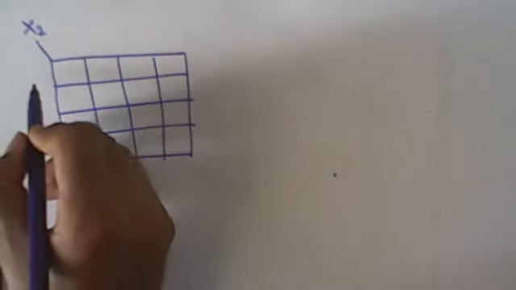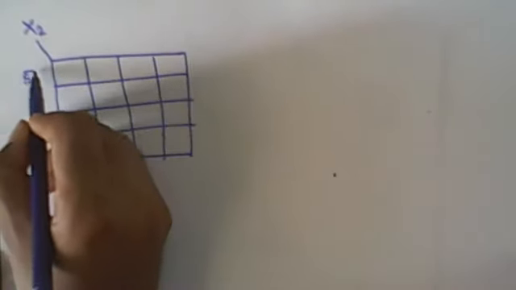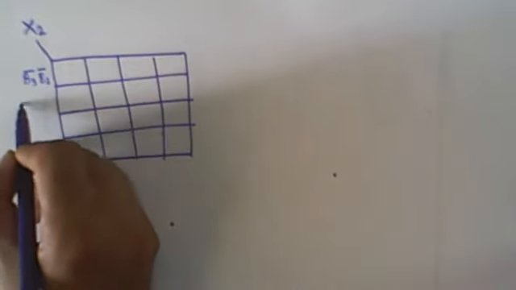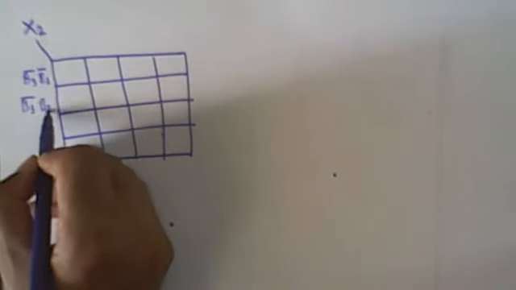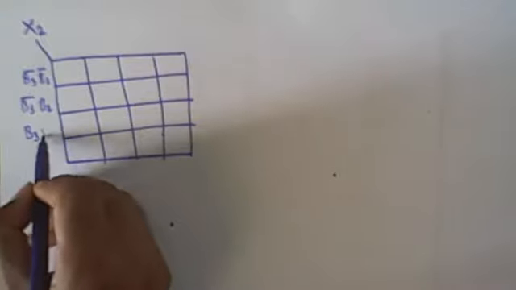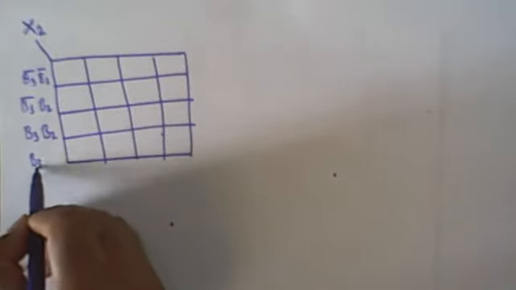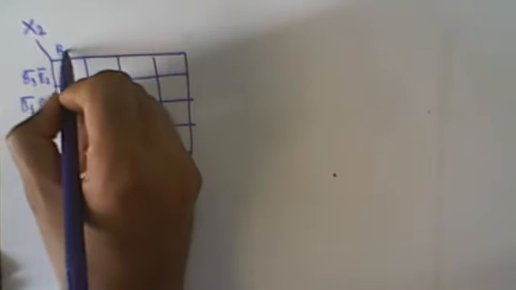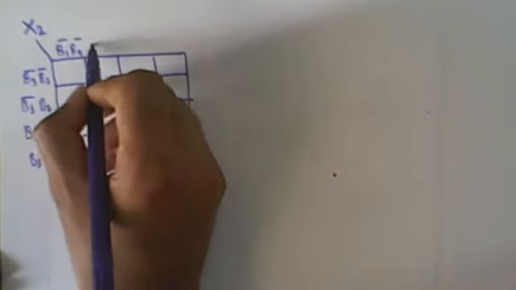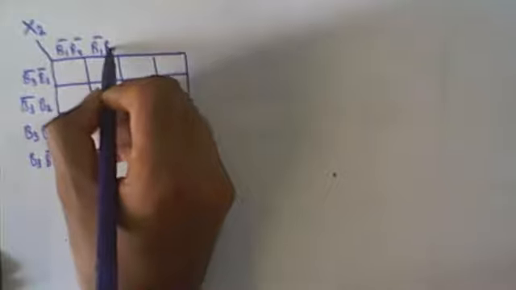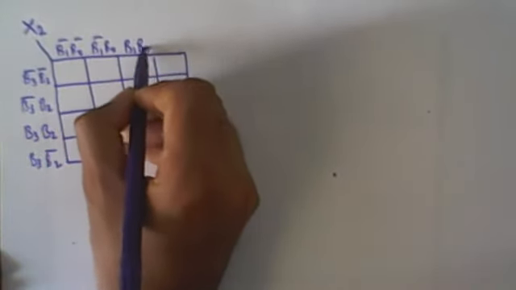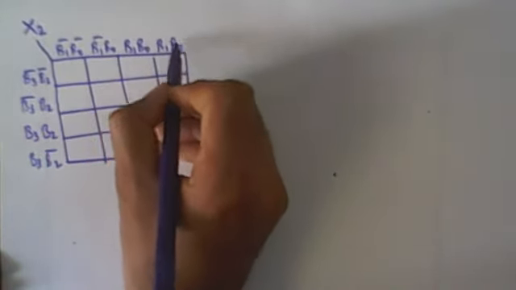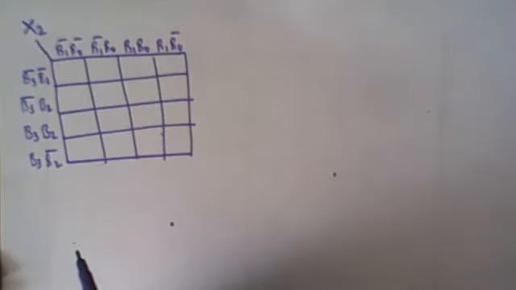Here the columns are B3 bar B2 bar, B3 bar B2, B3 B2, B3 B2 bar, and the rows are B1 bar B0 bar, B1 bar B0, B1 B0, B1 B0 bar. Let me map from the truth table.